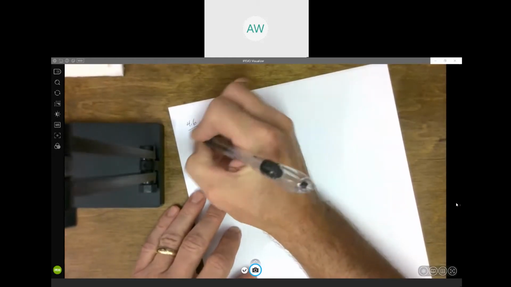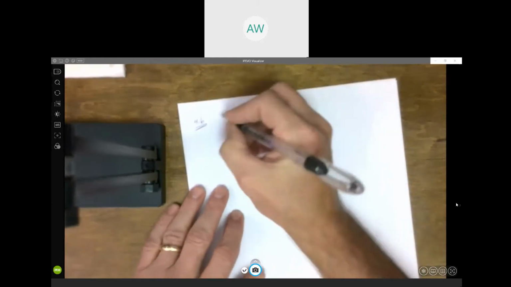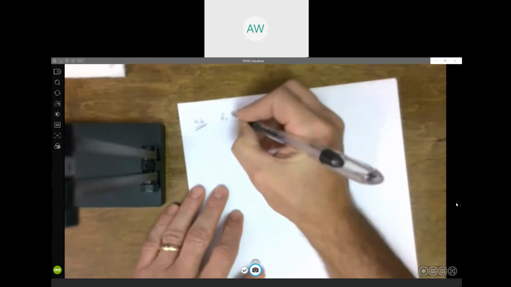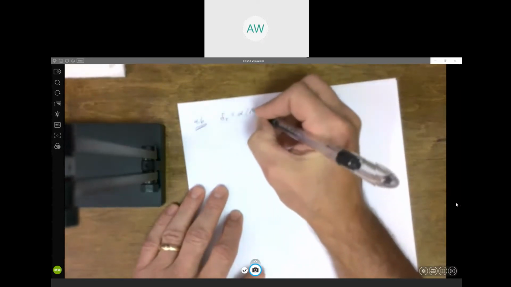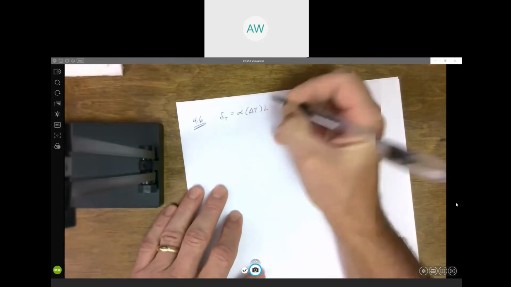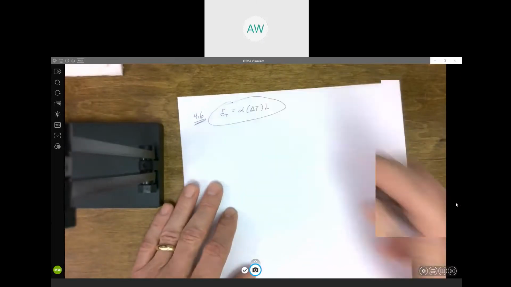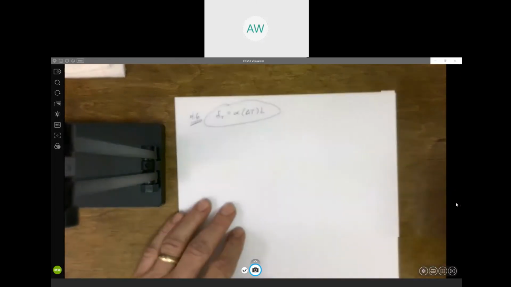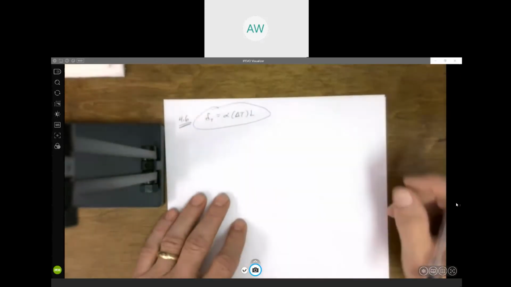And in 4.6, this is where we did the thermal deformation, alpha delta T times L. So that was one of the new formulas you're responsible for.